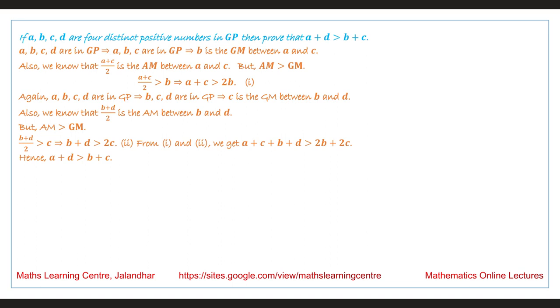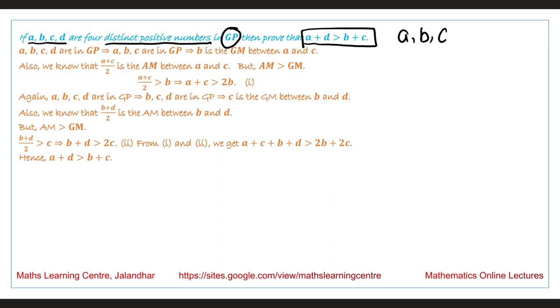Next we have: if a, b, c, d are 4 distinct positive numbers and they are in GP, we have to prove that a plus d is greater than b plus c. So if these 4 numbers are in GP, clearly a, b, c are in GP.